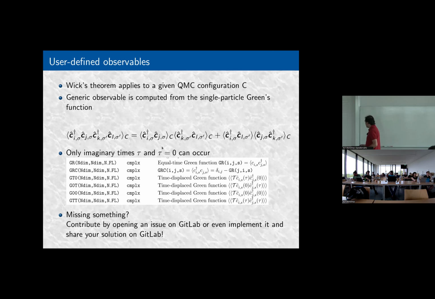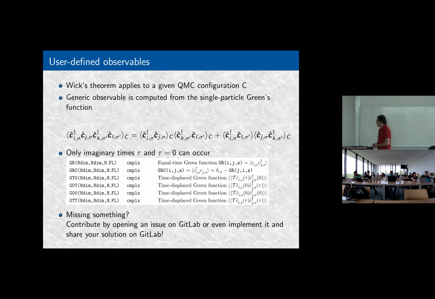These Green's functions are always available inside the Monte Carlo run. In particular, there are always defined inside the Monte Carlo run the GR and GRC, the equal time Green's function, and also the time displaced Green's function. It should be noticed that when the program is updating the slice tau, you just have the Green's function displaced from tau to 0, tau tau, or 0 0, but not for a generic different tau.